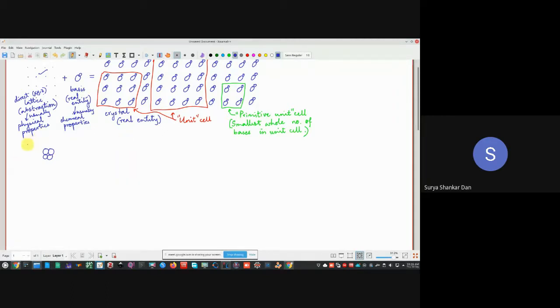This is called the simple cubic cell or lattice. There will be another one just behind it, so basically you are getting a simple cube. You are arranging the atoms like that.